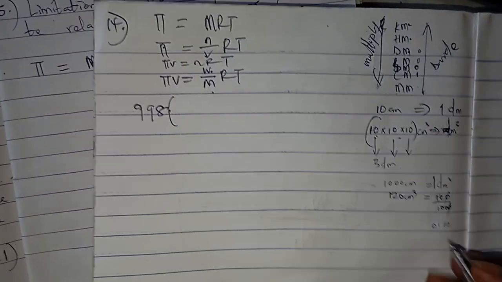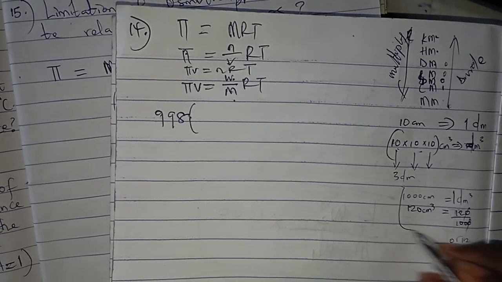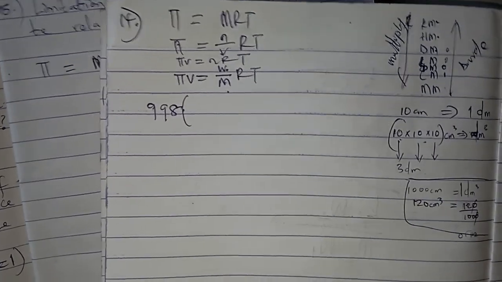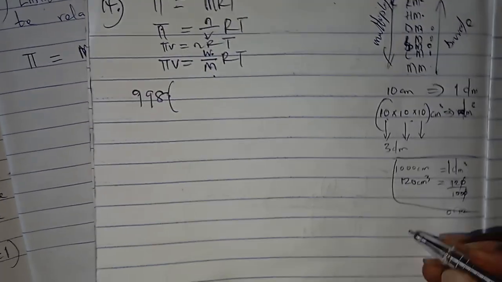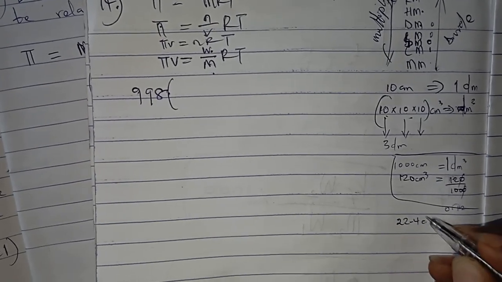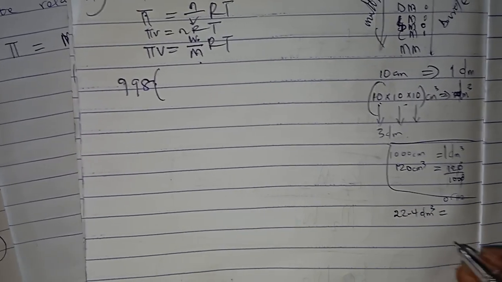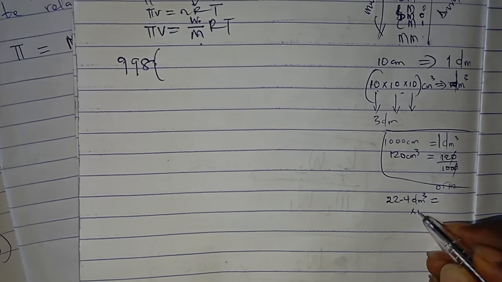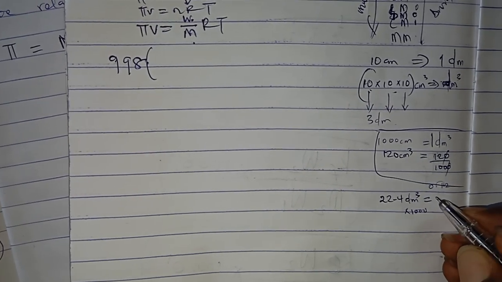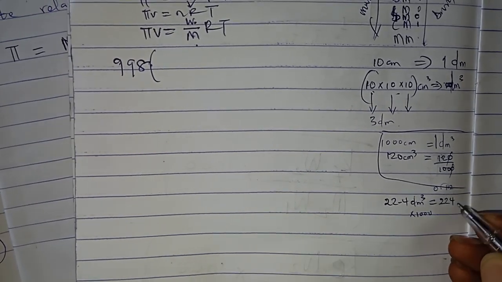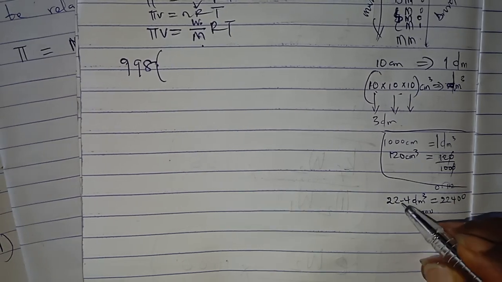But I don't want to do this. I'll simply leave my work in centimeter. If you want to convert it to decimeter cube, you are still correct. Remember that 22.4 dm cube, when you times it by 1000, you get the value in centimeter cube, which is 22,400.